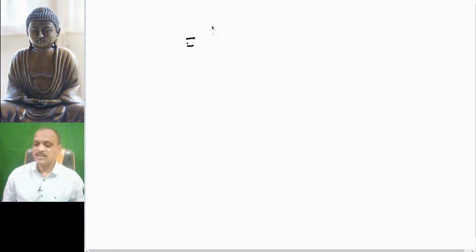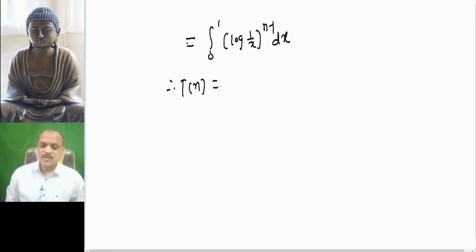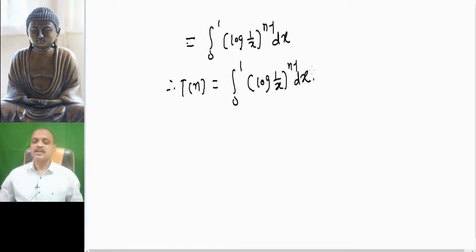Minus log of x is log of 1 by x, and hence this is equal to integration 0 to 1 of (log of 1 by x) raised to n minus 1 into dx. So this is what we have, gamma of n equal to integration 0 to 1 of (log of 1 by x) raised to n minus 1 into dx. This is another deduction which we get directly from the definition of gamma function.